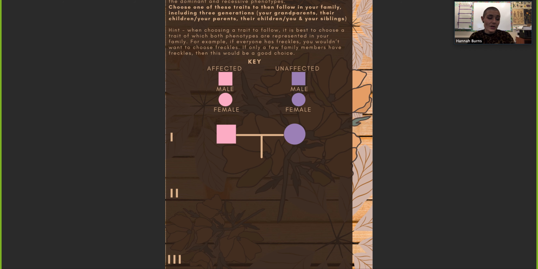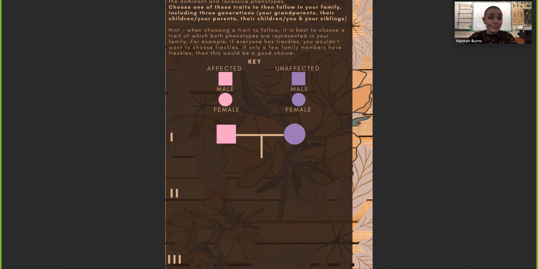As I had mentioned, though, you don't want to use a trait that everyone in the family has, because then it's going to be a lot harder to track through the family. What you want to choose is a trait that maybe some people have and some don't. So for example, if I have a brother who has blue eyes, but I have brown eyes, and my mom has blue eyes, but my dad has brown eyes, then that would probably be a really good trait for me to follow, because then I can see which alleles go where.